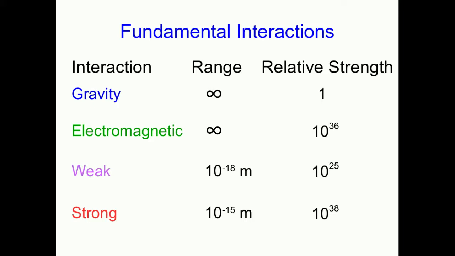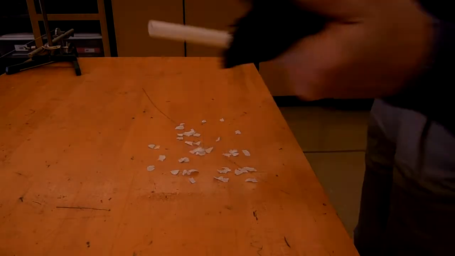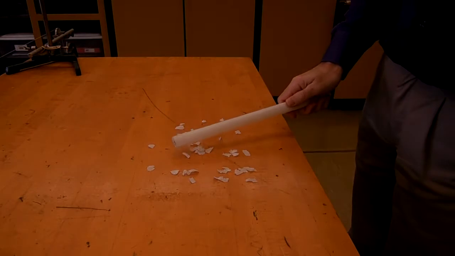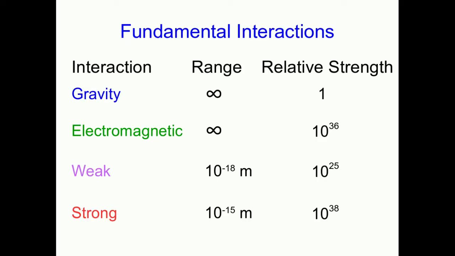But just look at this rod, which has been charged, and with its static electric interaction, it's picking up these little pieces of paper. Well, it's having a tug of war with the whole Earth, and the tiny little charged rod is winning that tug of war because the electromagnetic interaction is so much stronger than gravity is.